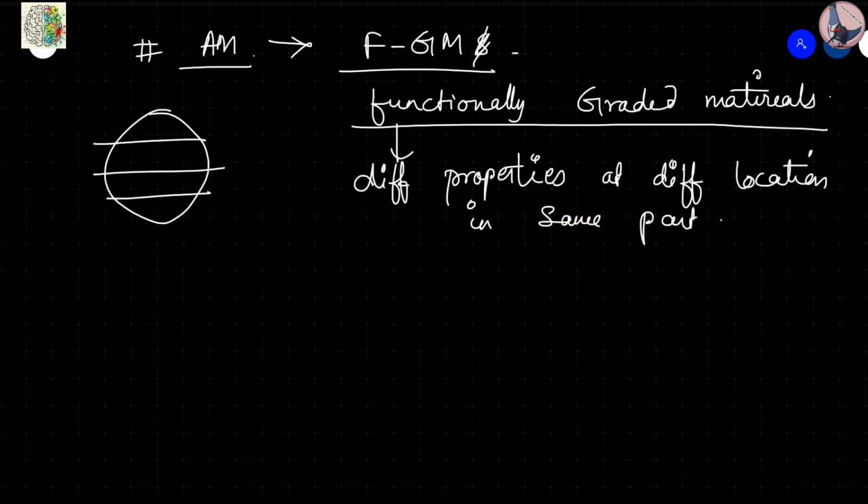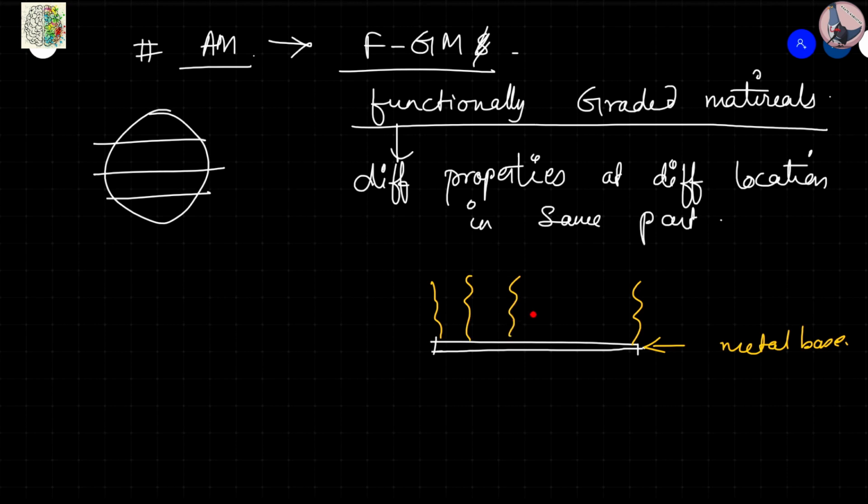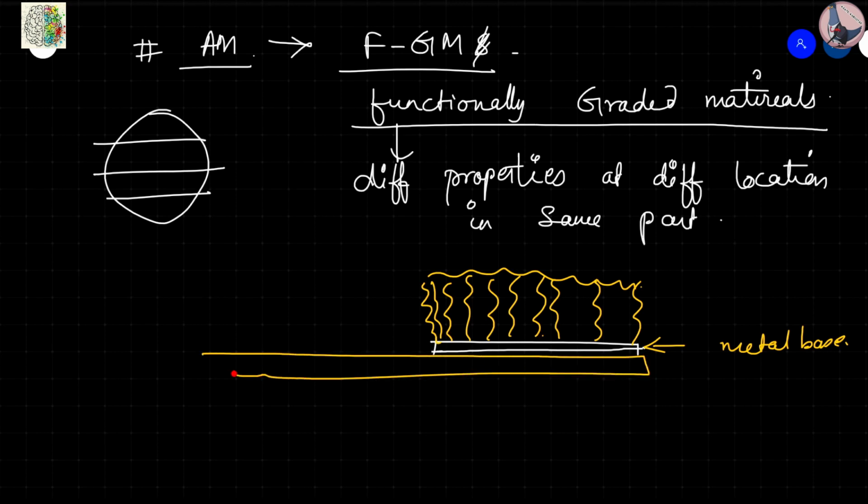I will give you an example. Suppose you have a metal base. Okay, this is your metal base, and on this metal base you can somehow attach some soft parts, some foam-like thing, and then you fasten the entire thing on wood using some screws.